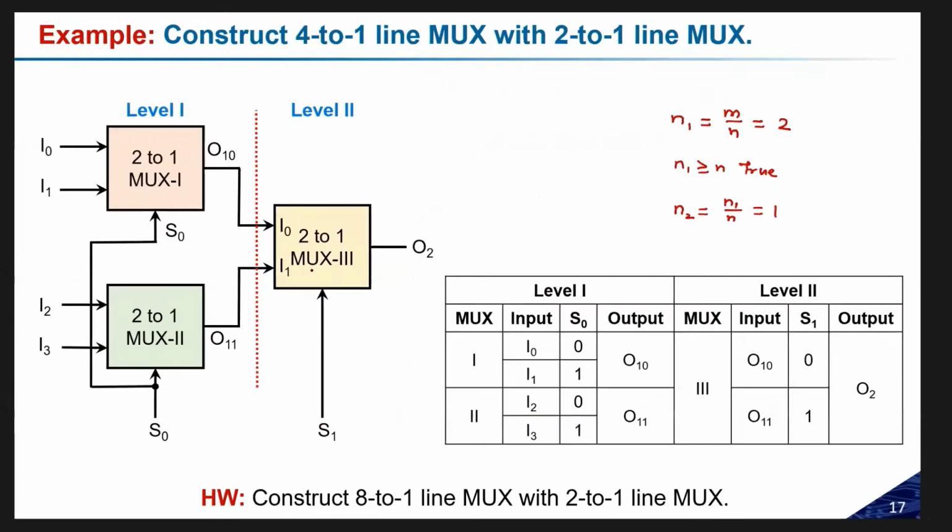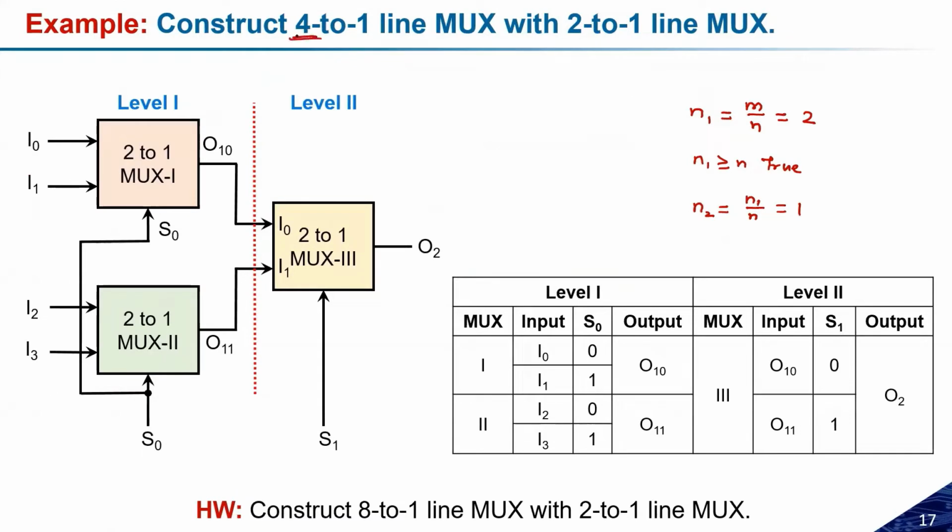In this figure, m is equal to 4 and n is equal to 2. So m is nothing but n to the power 2. This is satisfying this condition. So if n is equal to 2, m is equal to 4. If this condition is satisfied, then only the lower order multiplexer will be sufficient to design or construct the higher order multiplexer.